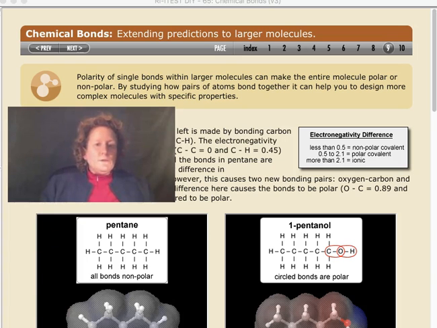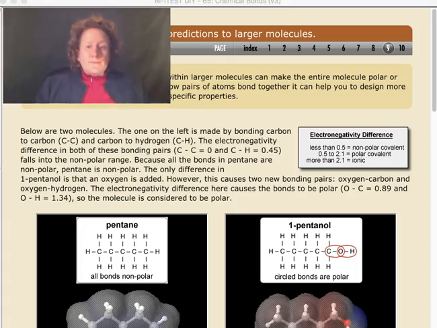So now we get to look at larger molecules. Polarity of a single bond within a larger molecule can make the entire molecule polar or nonpolar, which is especially important in biology. By studying how pairs of atoms bond together, it can help you design more complex molecules with specific properties, like drugs.